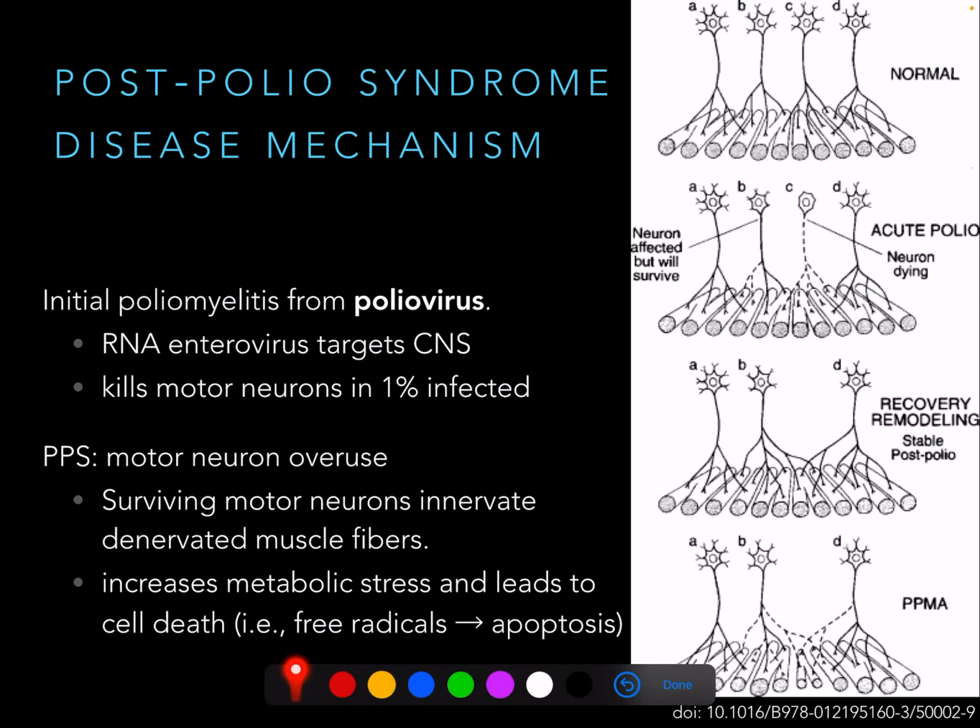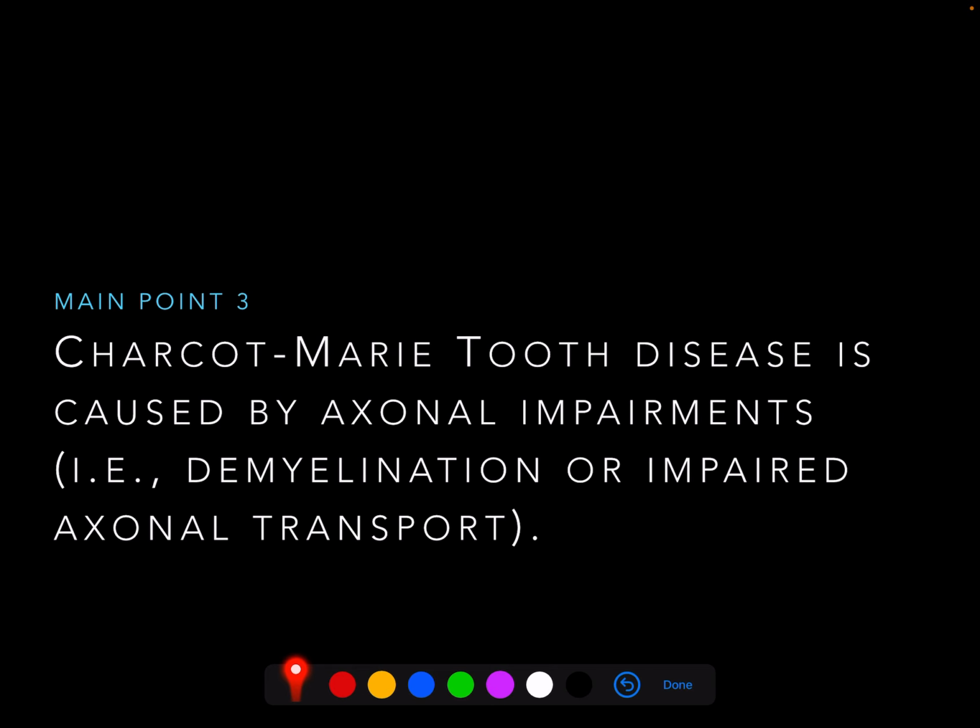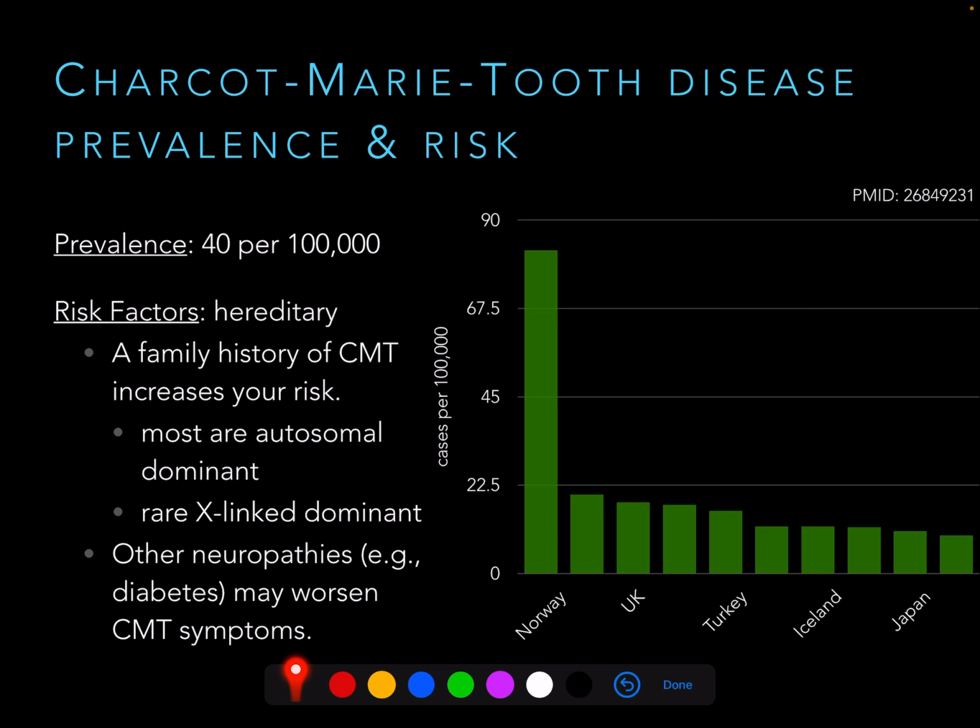Boom. Charcot-Marie-Tooth disease comes in a couple of flavors. One is a demyelinating disease, and the other impairs axonal transport. Either way, they're a peripheral neuropathy, so let's cover them. You can see here, certainly on the rare side of things. The risk certainly depends on where you live.